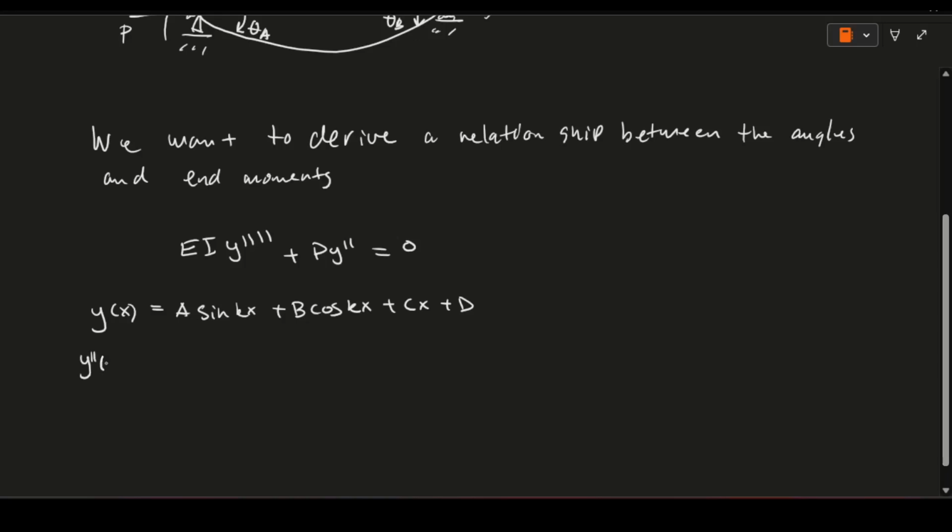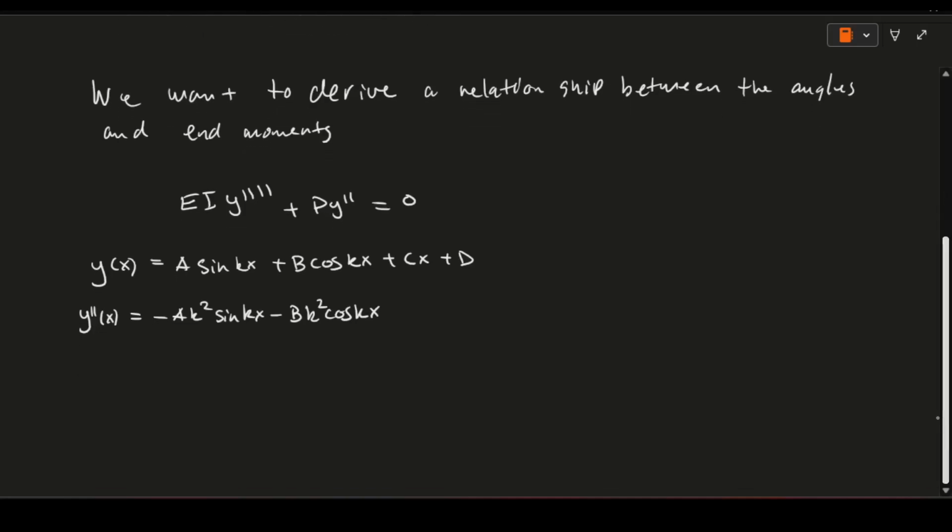And we know that the double derivative is equal to minus ak squared sine kx minus bk squared cosine kx.